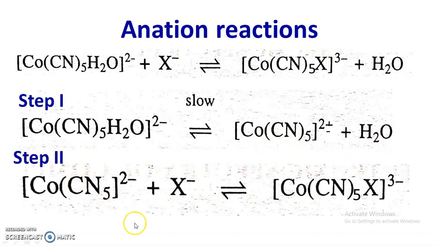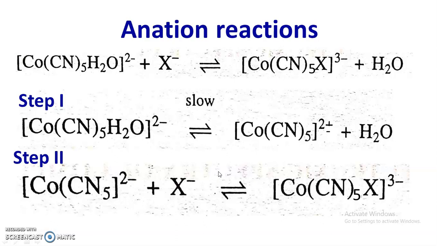In the second step, the pentacyano cobalt(III) ion reacts with the anion and there is a formation of a new bond between this incoming anion or ligand and cobalt, and we get the desired product. In this way, the anation reaction follows two steps and therefore this is the substitution nucleophilic unimolecular type of mechanism.